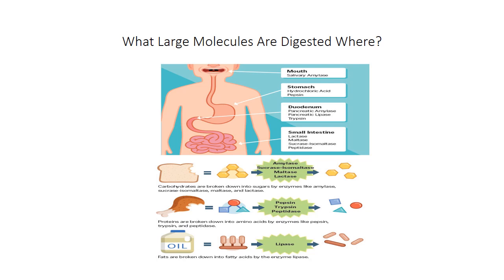Then these small sugars are further digested by amylases, surface isomaltase, maltase, and lactase, and on the right part you see single glucoses, single galactose, single molecules of simple sugar.